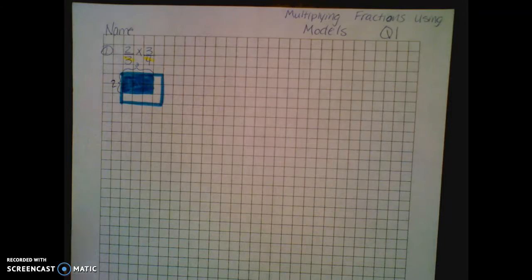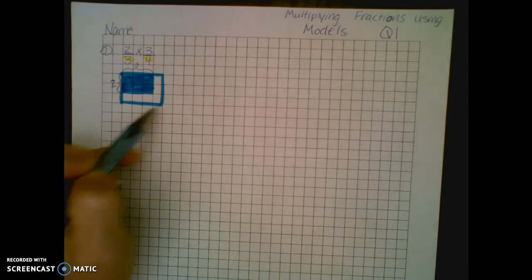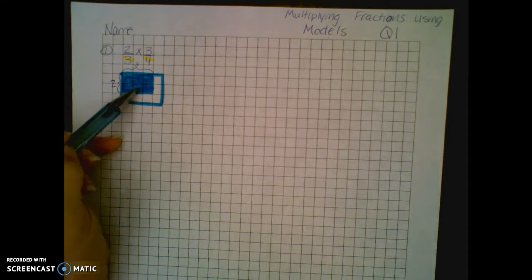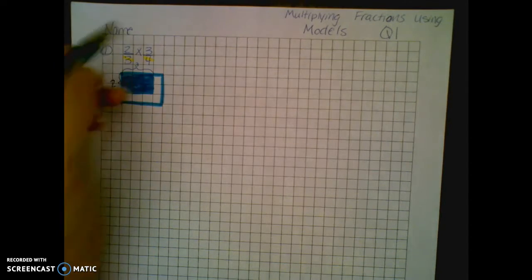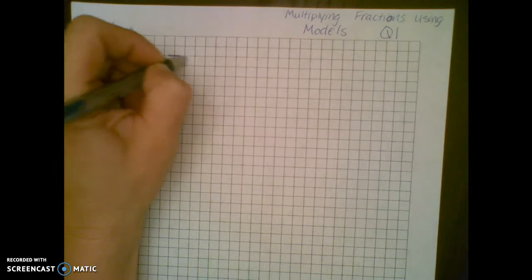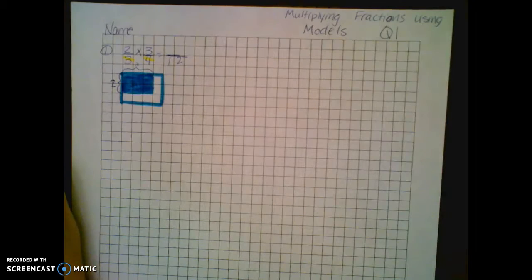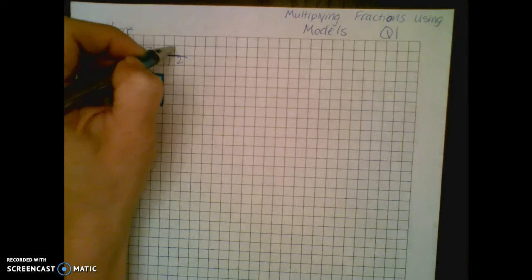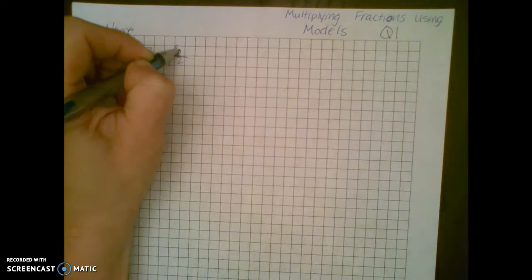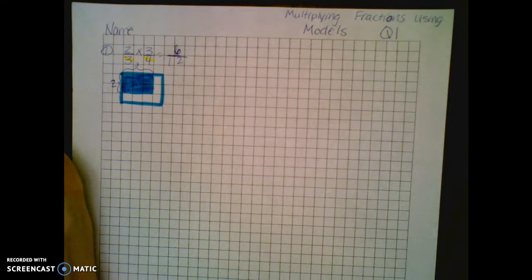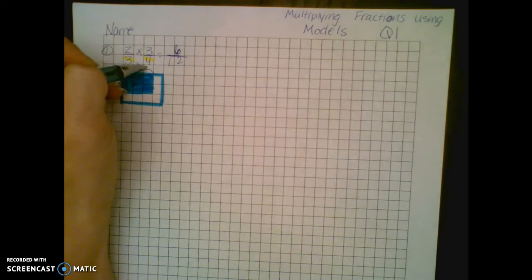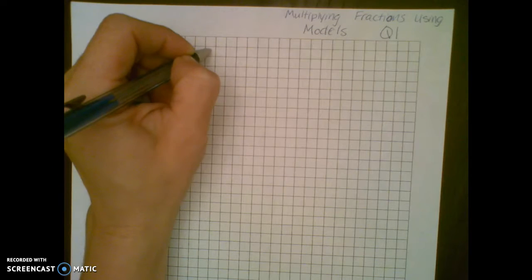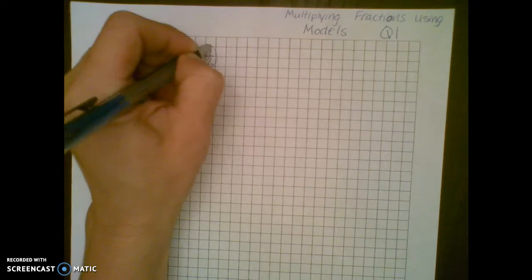Of my original rectangle, how many squares were there? 1, 2, 3, 4, 5, 6, 7, 8, 9, 10, 11, 12. Out of 12 squares, how many are shaded? 1, 2, 3, 4, 5, 6. So my answer, 2/3 times 3/4, is 6/12, which I can simplify to 1/2.